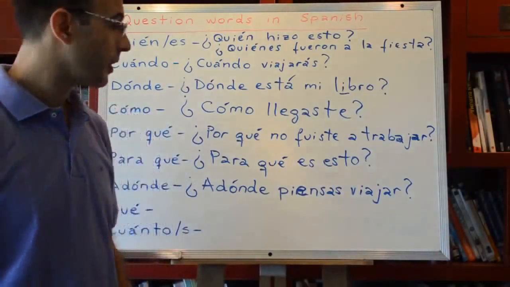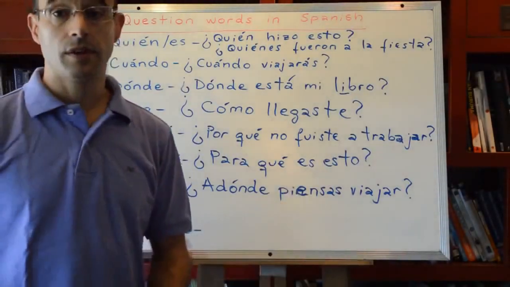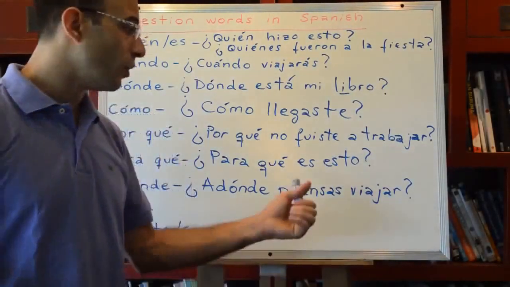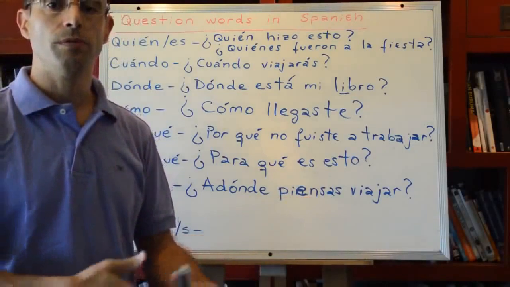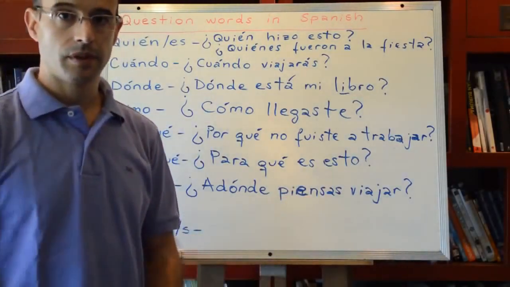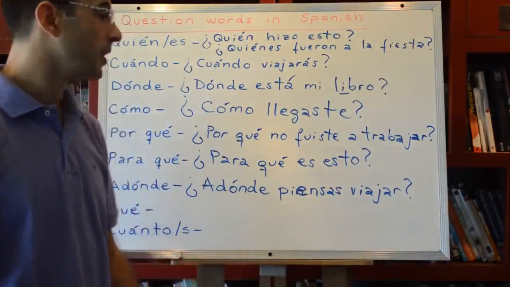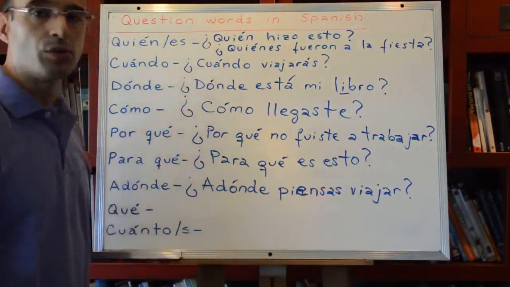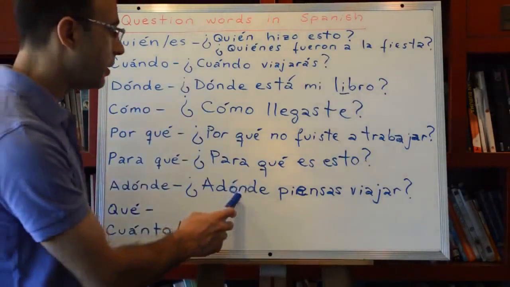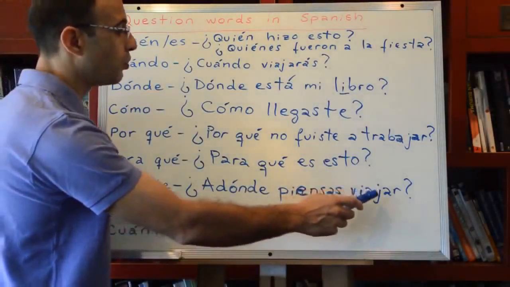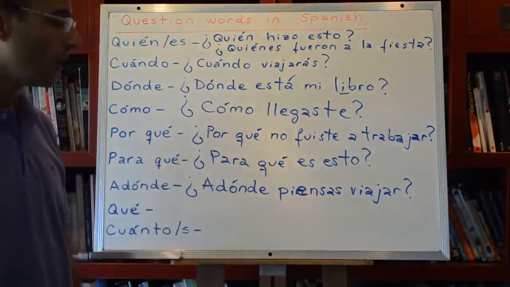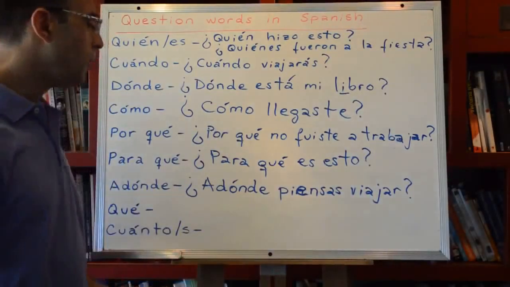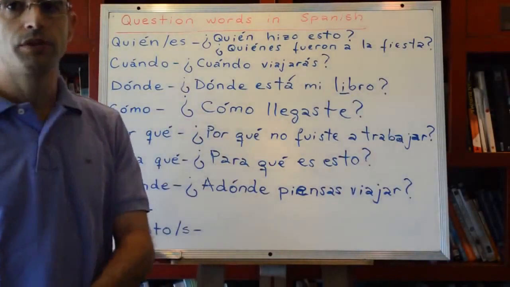Or you. Piensas, think, the verb pensar means to think, but it's also used in Spanish as to plan, right? To have an intention of something. So, ¿a dónde piensas viajar? Is where are you planning to travel? Where you plan travel. Okay? Where are you planning to travel? Actually, it will be where are you planning to travel to?